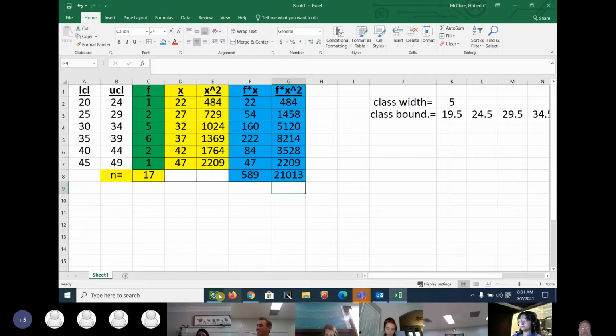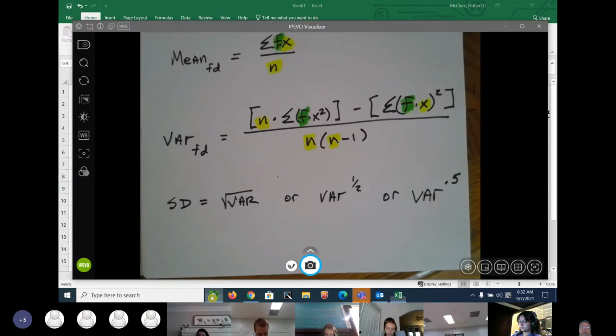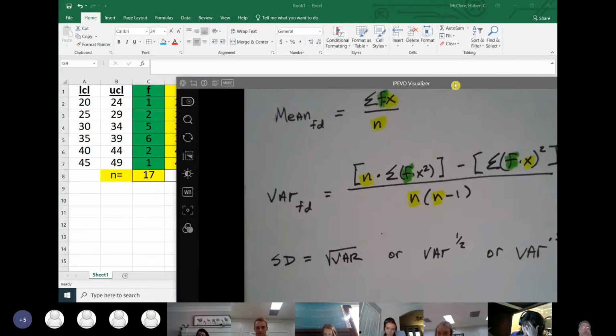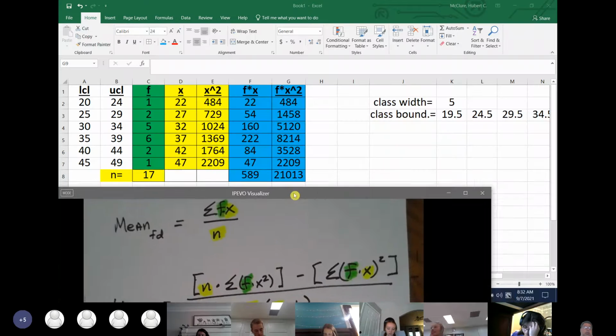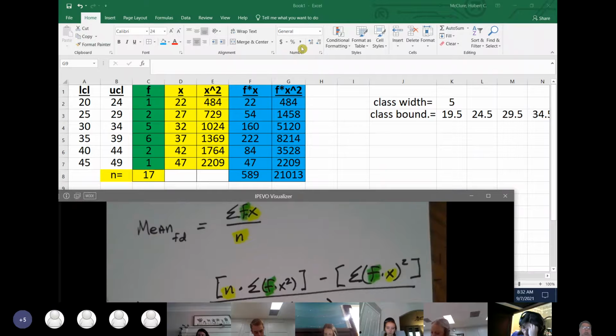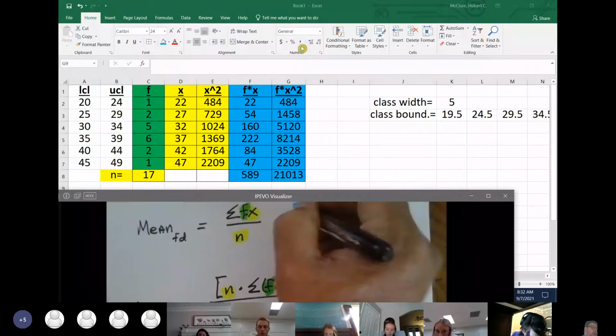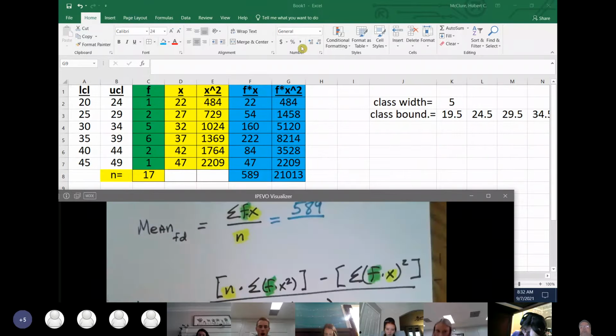So pull up my handy dandy whiteboard. And what is our mean? We take the sum of F times X, the blue. What did I do with my blue marker? There it is. 589. And we divide that by 17. See how easy this is?